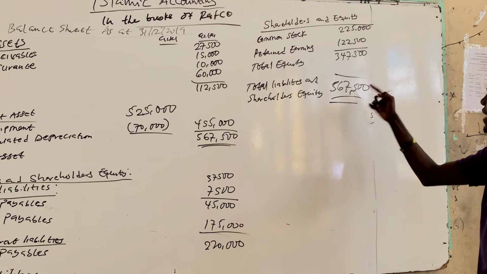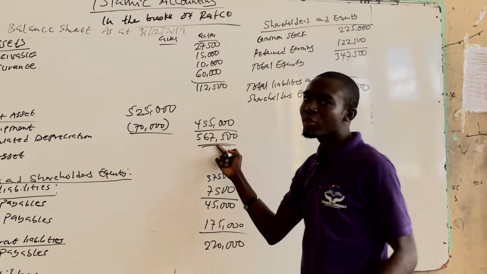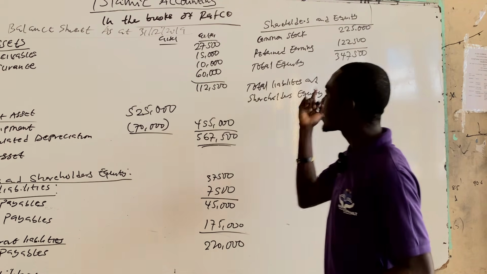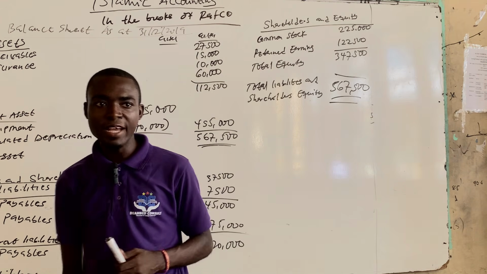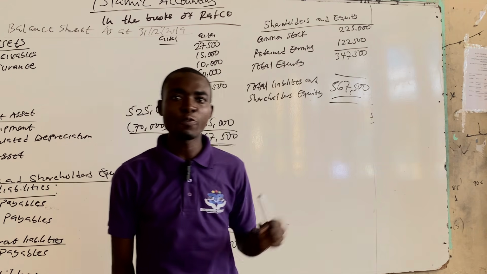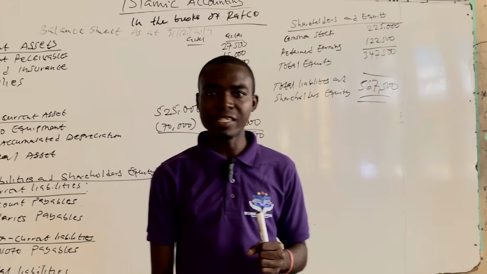You can see that this is equivalent to the total asset. That's how we prepare a classified balance sheet. This is the format of preparing a classified balance sheet.